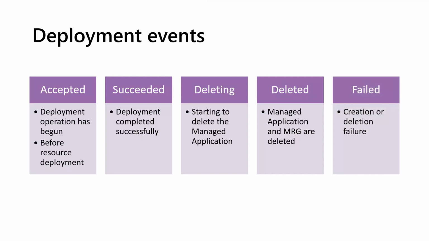Any of these operations might fail, and if they do for some reason, you'll get an event that the creation or deletion of the managed application has failed. Using these states, the webhook can store information about each deployment and each purchase of your managed application.